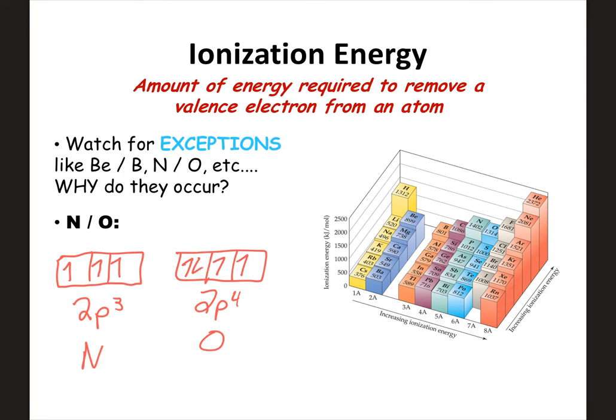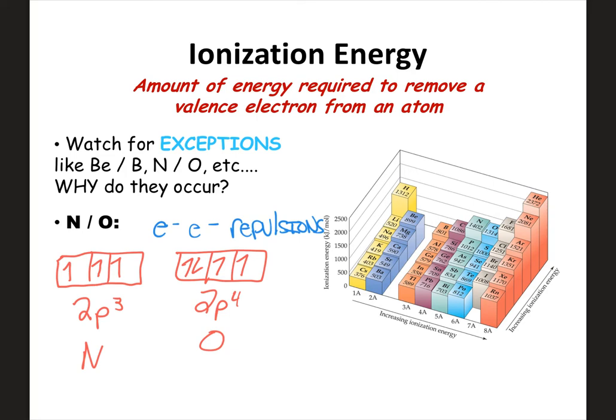And this would happen anywhere as you go from 5A to 6A, as you go from the third p element to the fourth p element, you would start to pair up in that first orbital. So what we say is happening here is something called electron-electron repulsions. When that first electron pairs up, it causes a slight repulsion.